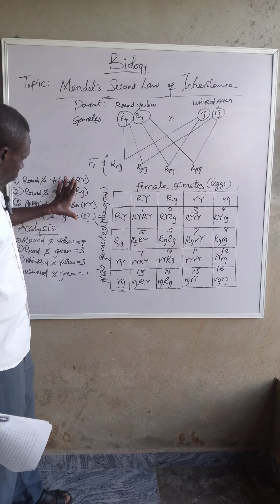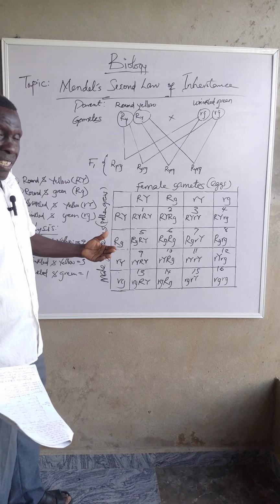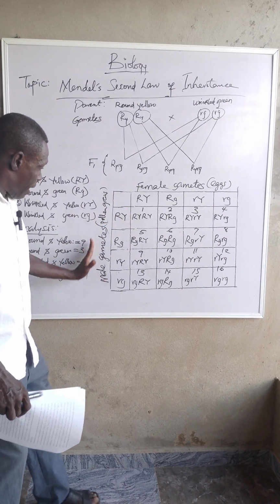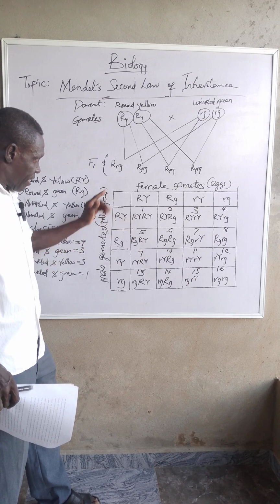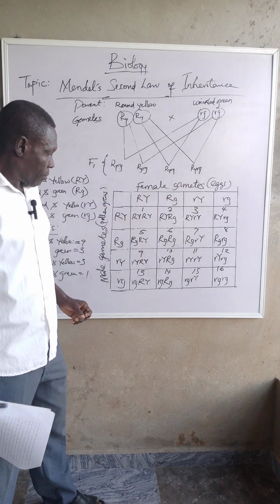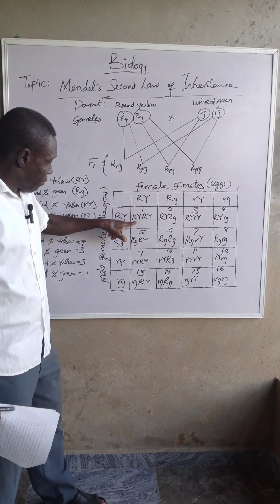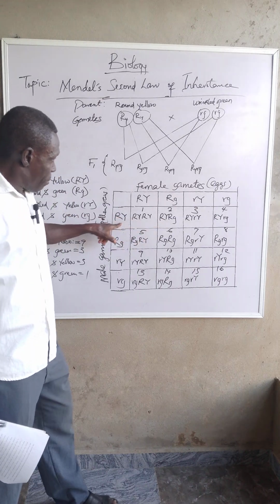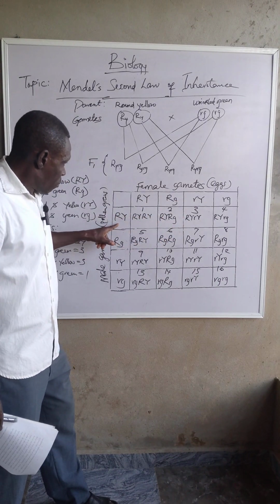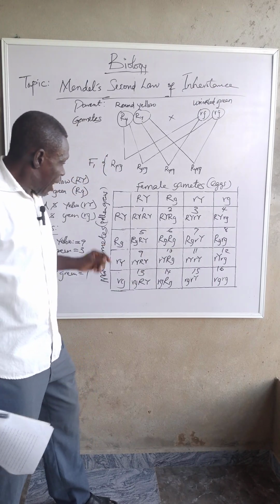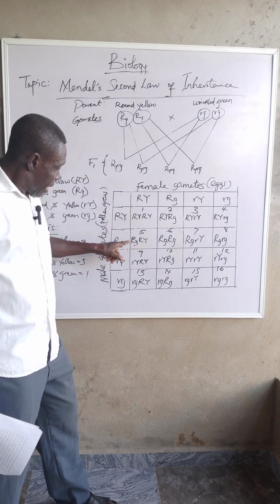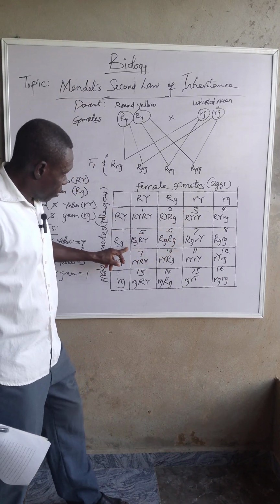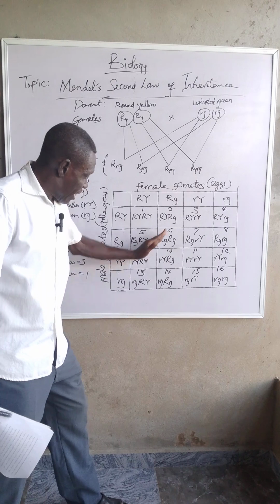So this set is now self-pollinating. This is the male gamete, the pollen grains. This is the female gamete, the eggs. So this will meet this to give you this, and likewise each of the others will meet to give the results, until the end.